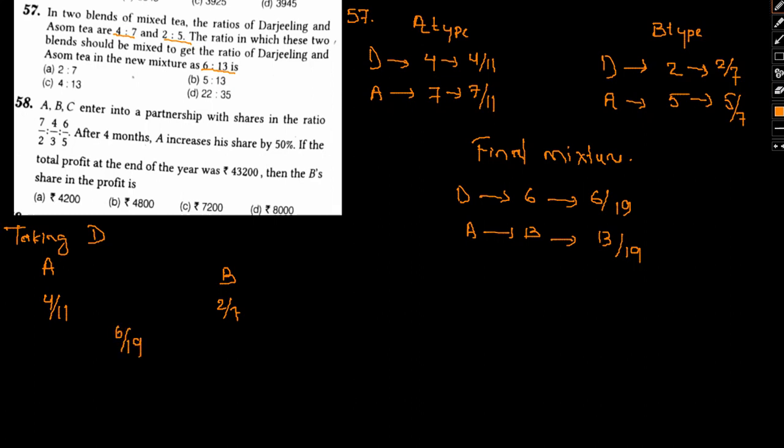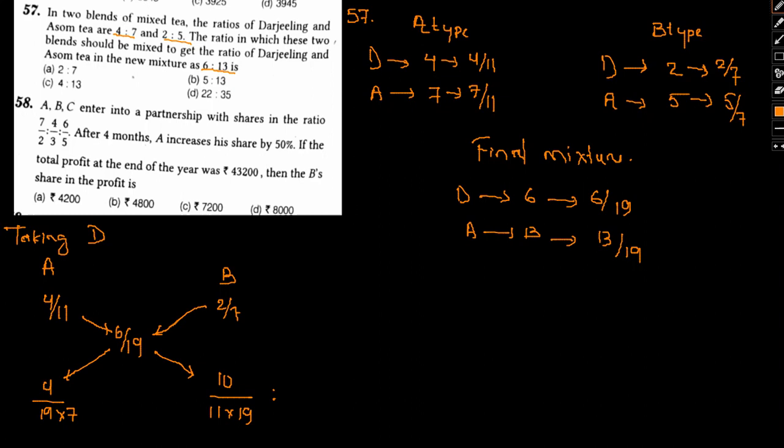So this will be 19 into 7 and, subtracting, 4/19 into 7; and again subtracting, we have 10/11 into 19.